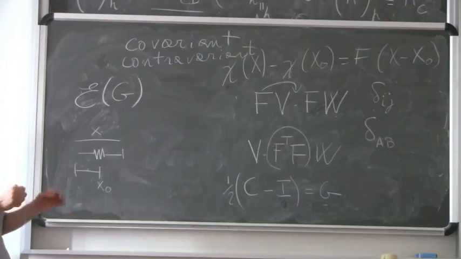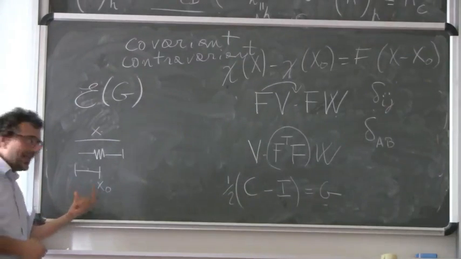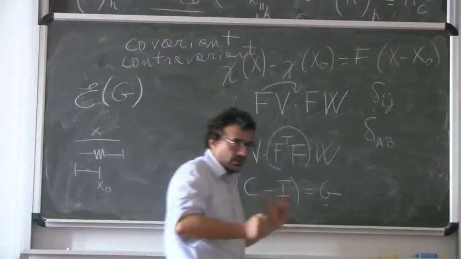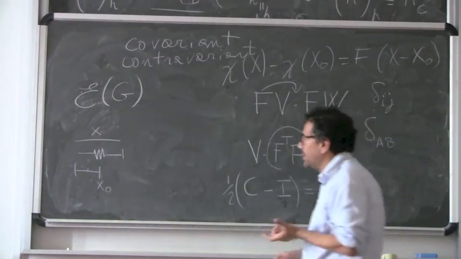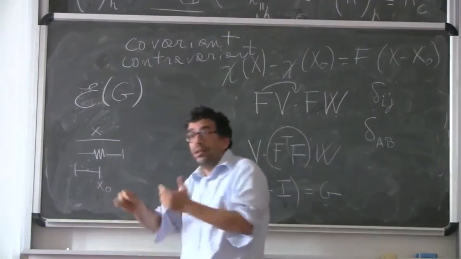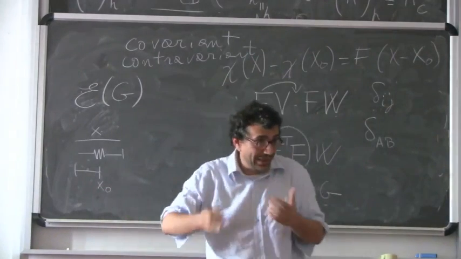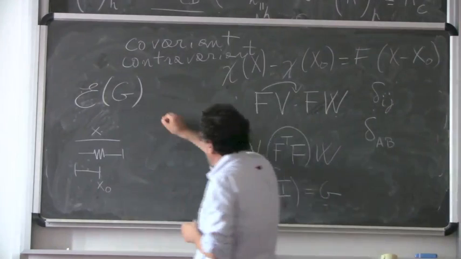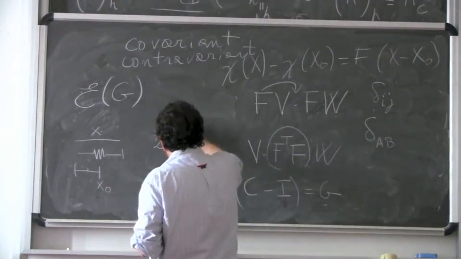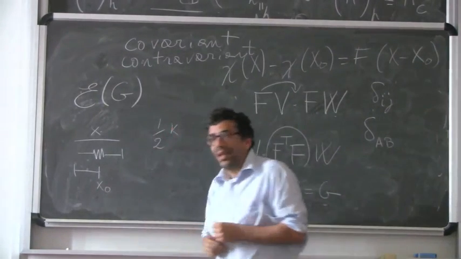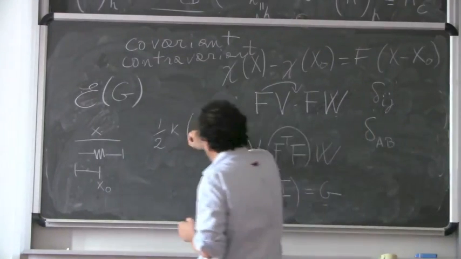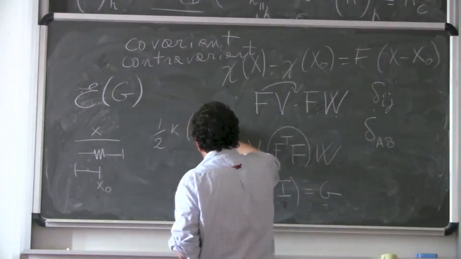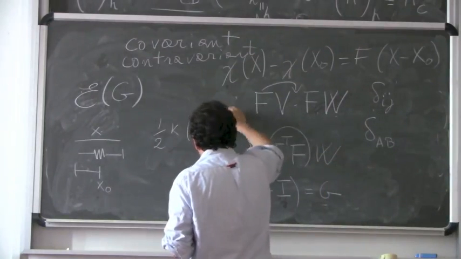Okay? So you have a spring whose rest length is x0, which is the deformation energy of this spring if it is linearly elastic. It is 1/2 the elastic coefficient k times (x minus x0) squared.